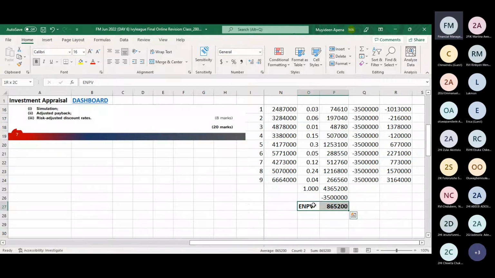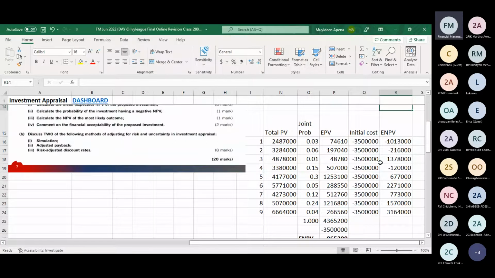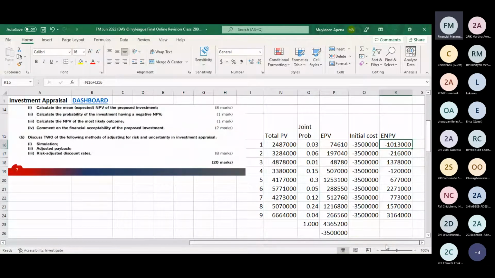So this is the entire outcome. And this is the situation for each scenario. Each scenario is saying total present value for the first scenario, charge 3.5 million, then we have expected net present value for this scenario.